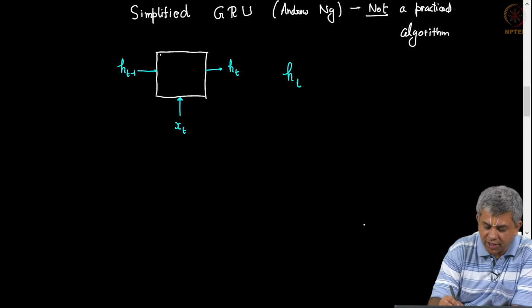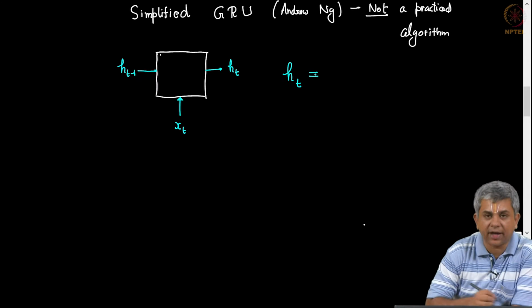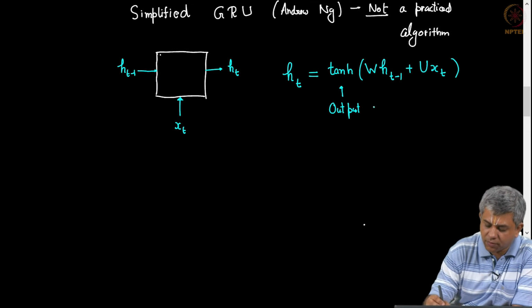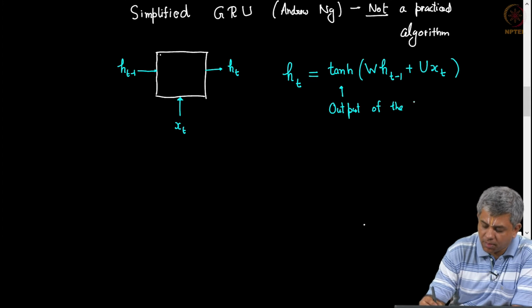So, we say in general that ht is tanh of W ht minus 1 plus U xt. This is the output of the vanilla RNN.